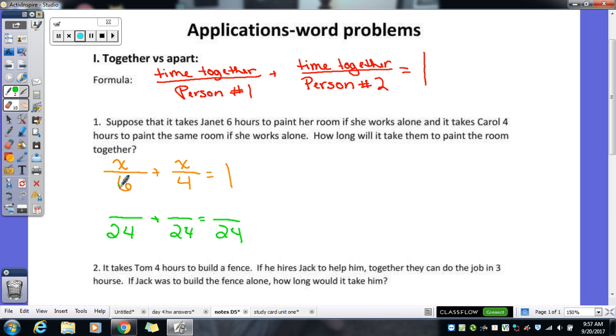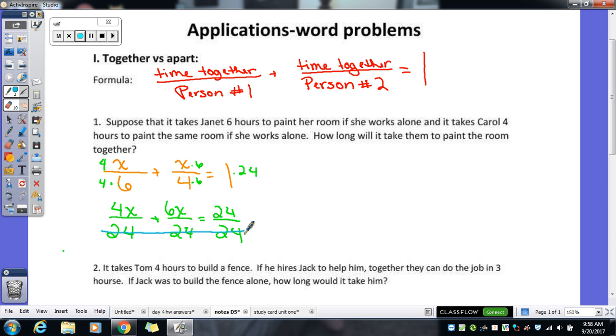So to get 6 into 24, I have to multiply times 4, which means I also multiply my top times 4. That gives me a 4x. What do we multiply the second one times? Times 6, so that gives us a 6x. And then the last one would have to be times 24, because that had a denominator of 1. So it equals 24. Now we have our common denominator. We can cross it out, and we can solve our numerator just like any normal equation.